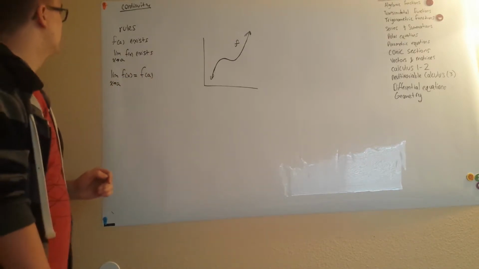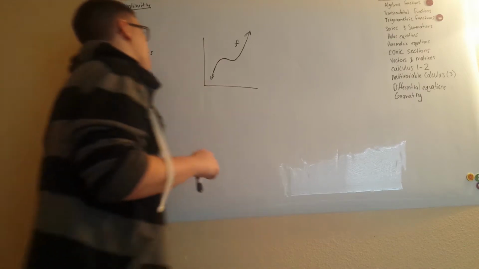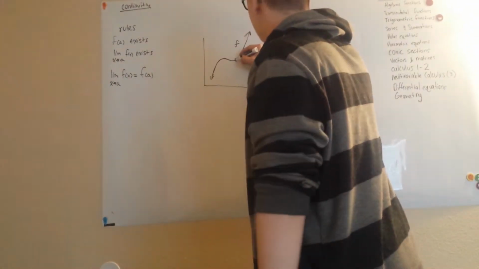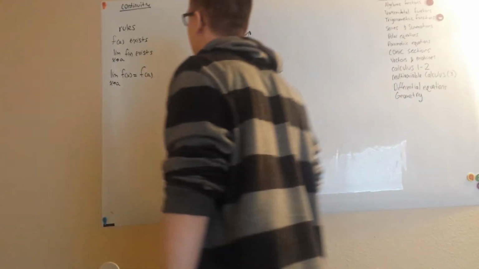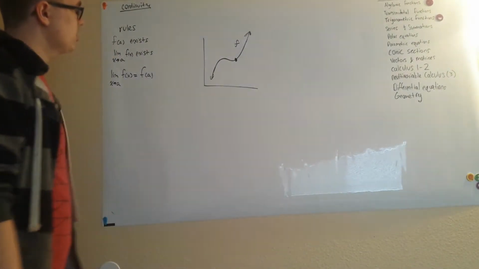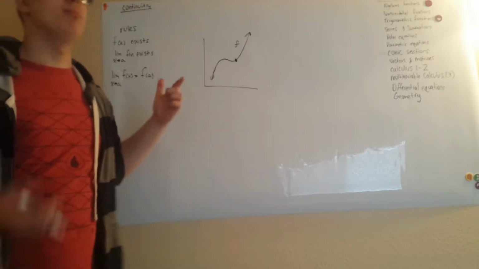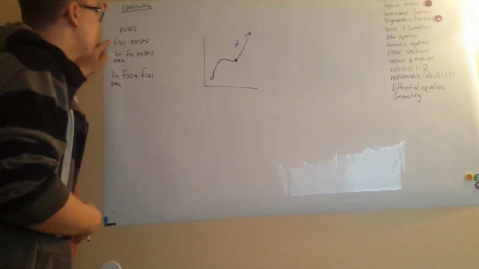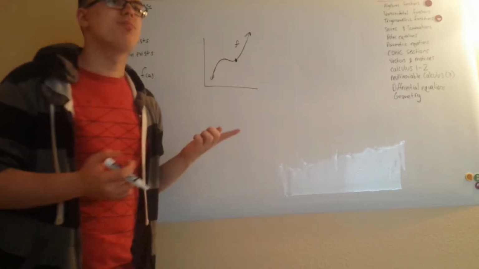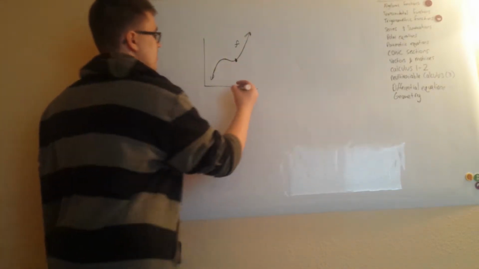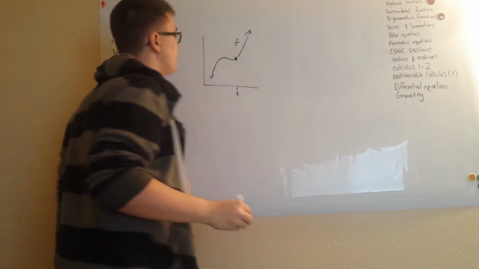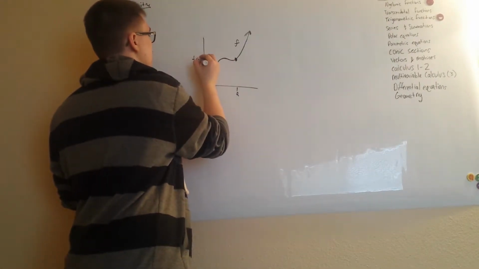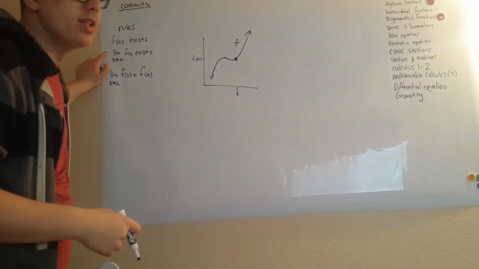Okay. So let's check a point on this graph. Let's check this big point right here. Is the function continuous on that point? Yes, visually it is. Let's check it. Does f of a exist? Is this point defined? Yeah, this x value right here is defined. There's a definition. And that's right here. Does the limit exist?